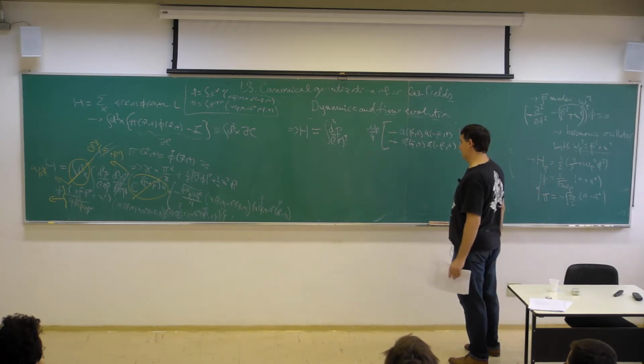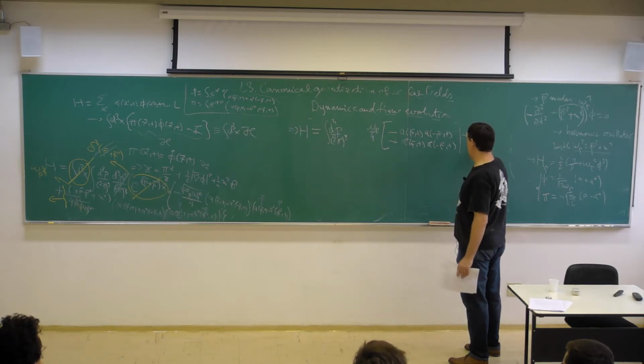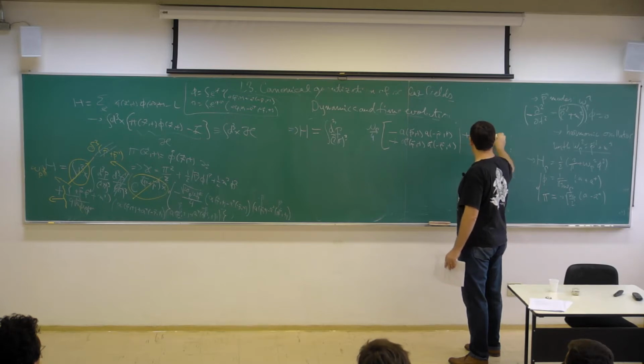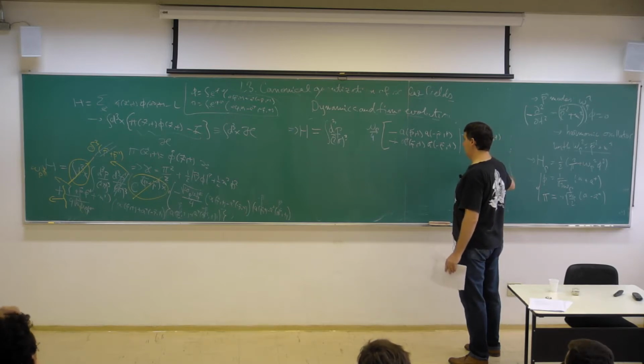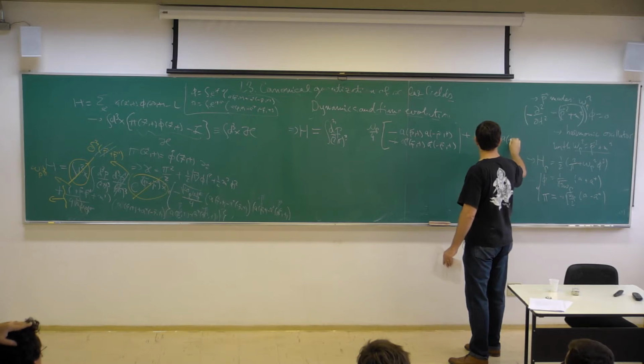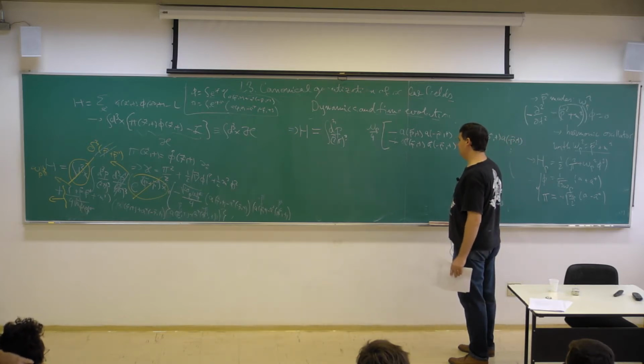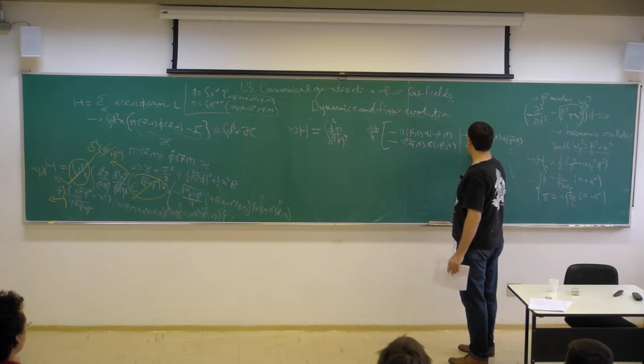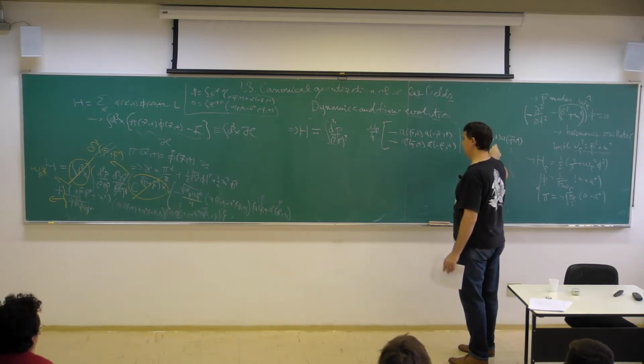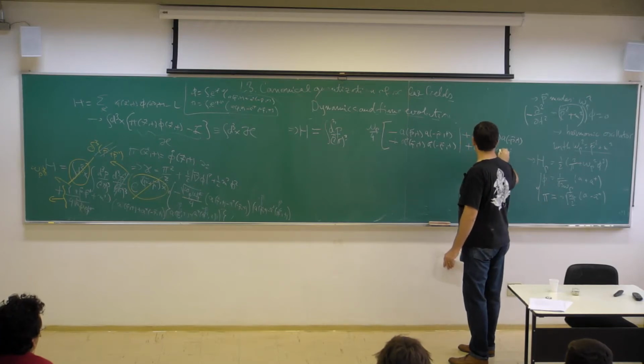Then the terms that shouldn't cancel, so plus a dagger of minus p t, a of minus p t. Plus a of p t, a dagger of p t.